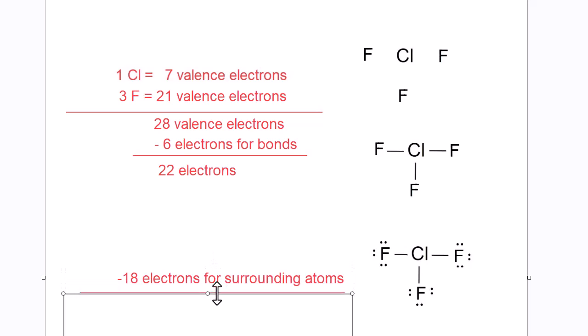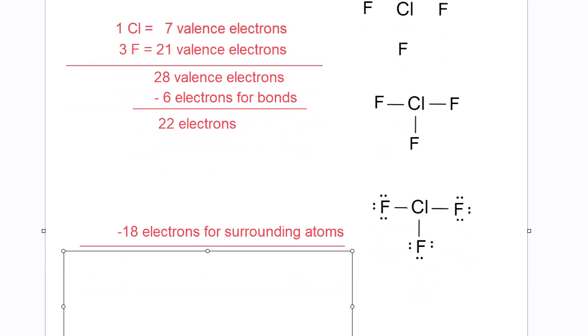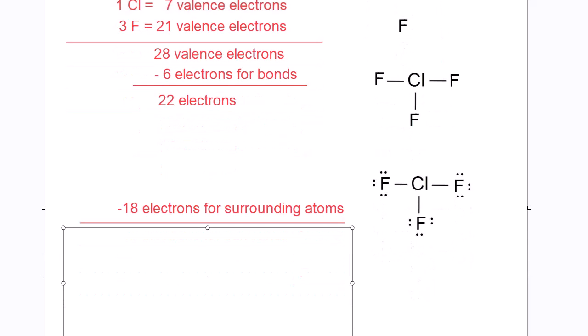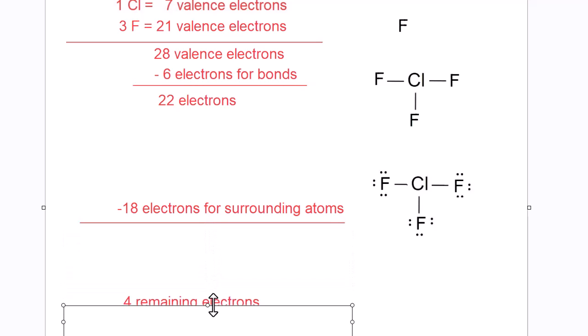That removes 18 electrons for the surrounding atoms. That's our quick procedure to figure the Lewis electron dot diagram for chlorine trifluoride. Well, if we used up 18 of these 22, we've got an extra 4 electrons that are remaining. Those remaining electrons go on the central atom.